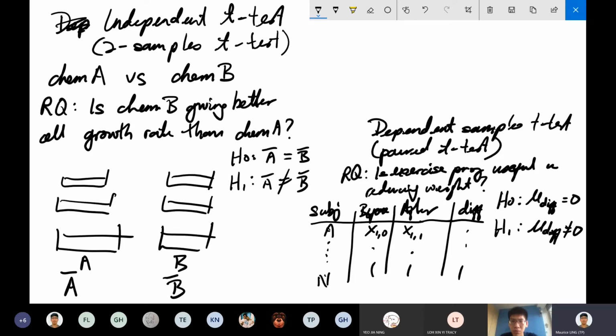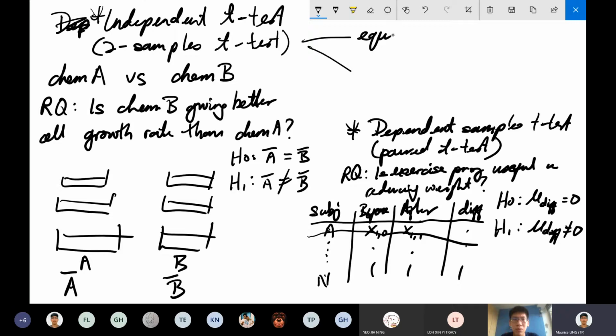So far, so good. Is anyone confused with these two versions? Okay, so your independent sample t-test and dependent sample t-test, you will get it clear in the first place. You can do dependent sample t-test because each subject gives you both before and after. Okay. But independent t-test has also two versions.